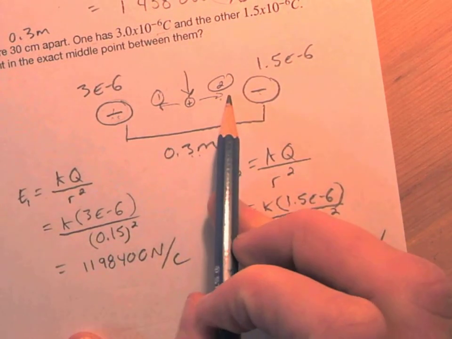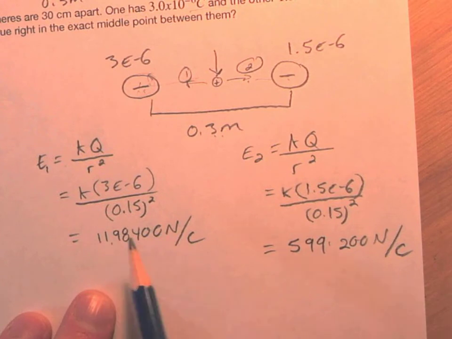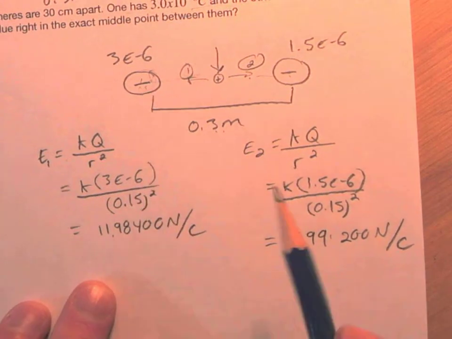So it'll want to go that way by that much and that way by that much. Overall, this number's bigger, so I'm just going to go this minus that, and it'll tell us overall how much it wants to go left.